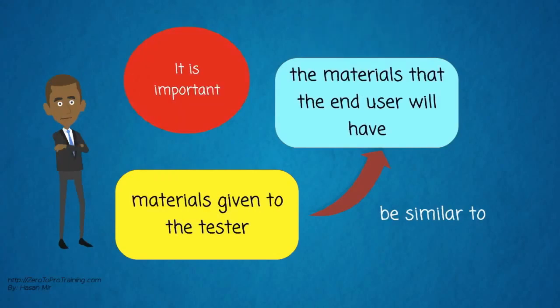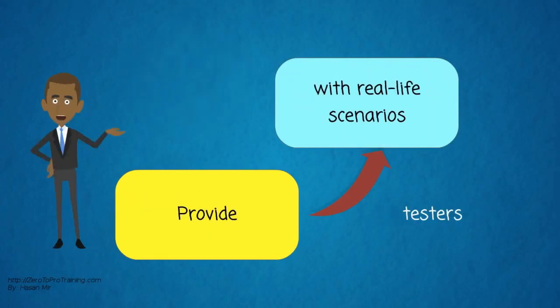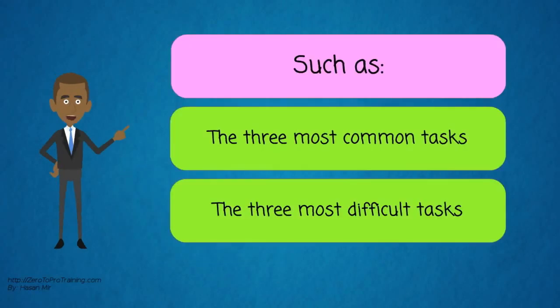It is important that the materials given to the tester be similar to the materials that the end user will have. Provide testers with real-life scenarios, such as the 3 most common tasks, or the 3 most difficult tasks you expect an average user will undertake.